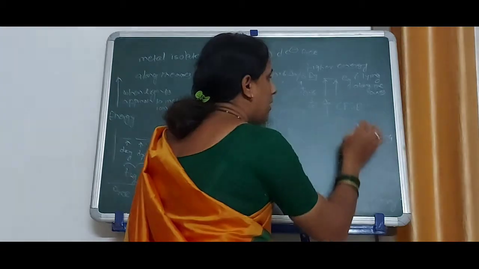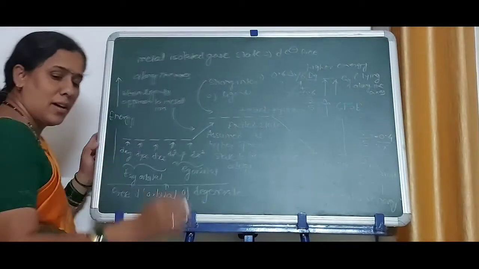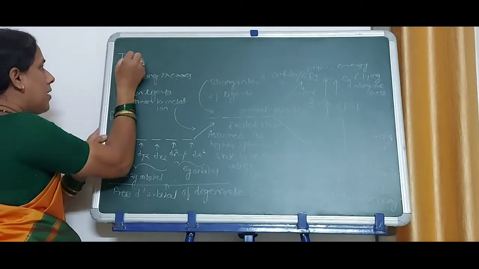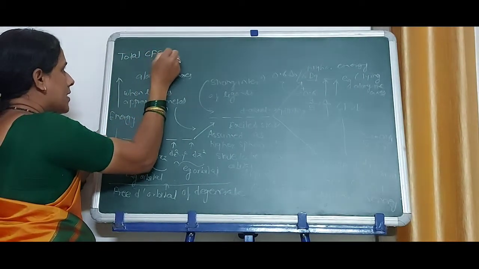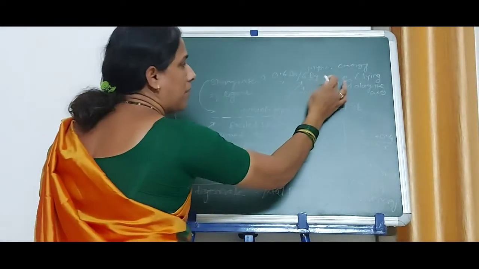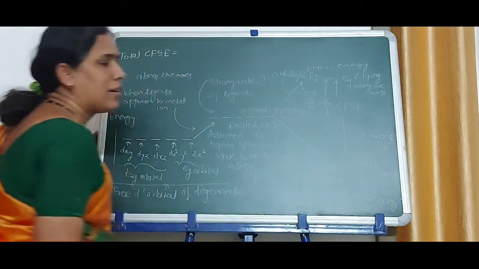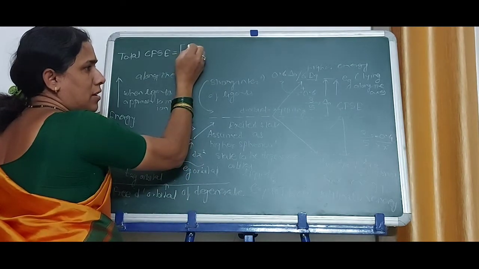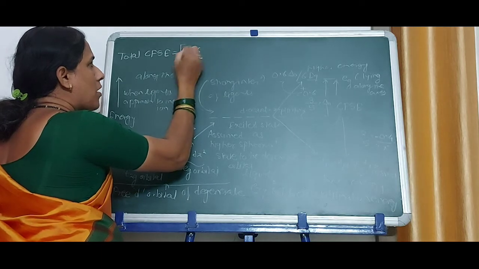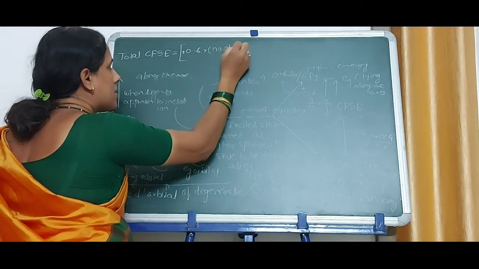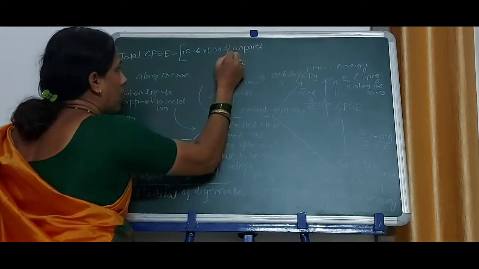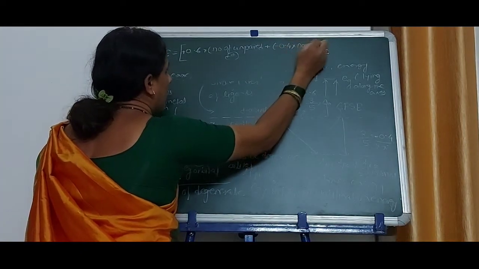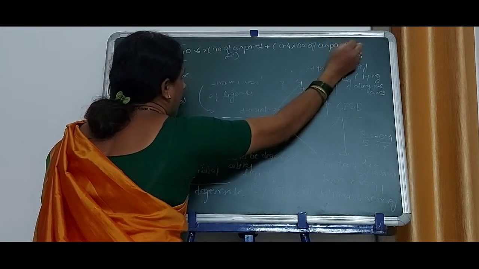Therefore, the total crystal field stabilization energy is given by, see here, I am writing here, total CFSE is given by the number of electrons present on the eg orbitals along with those of the t2g orbitals, that is equal to the net sum: 0.6 into the number of electrons in eg, plus minus 0.4 into the number of electrons in t2g.